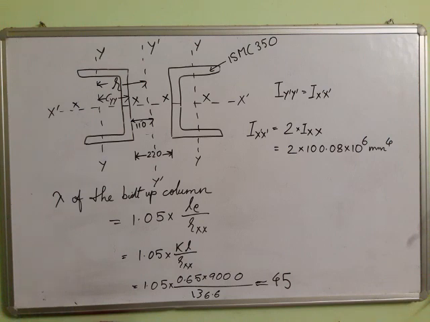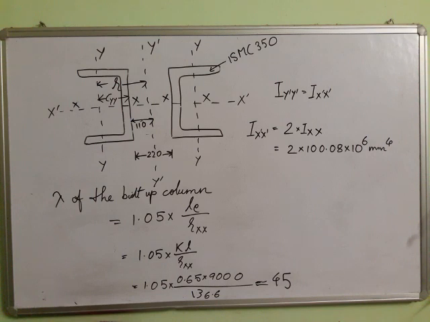So the slenderness ratio is very less. That means what? The column is strong. Slenderness ratio is inversely proportional to the strength. If slenderness ratio is small, the column is stronger. If slenderness ratio is more, the column is weaker. Now we have got the slenderness ratio.